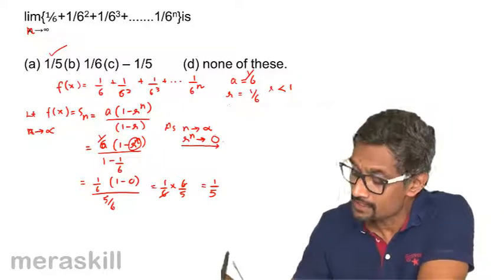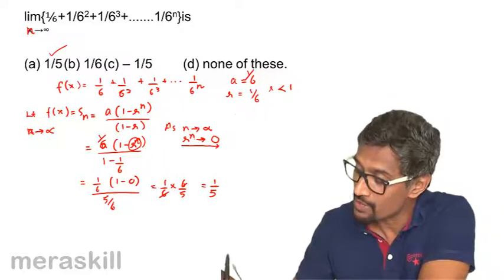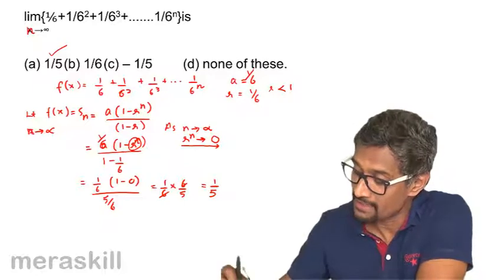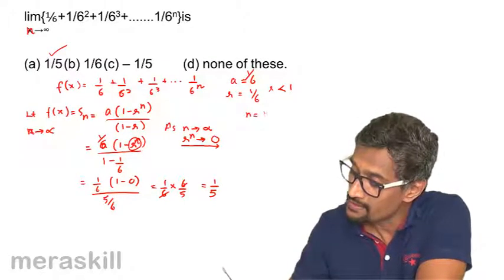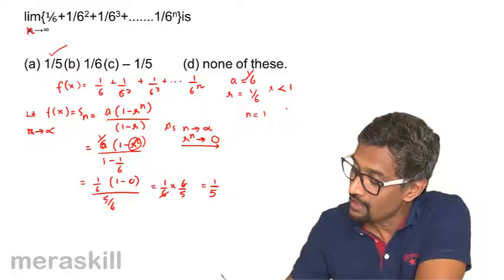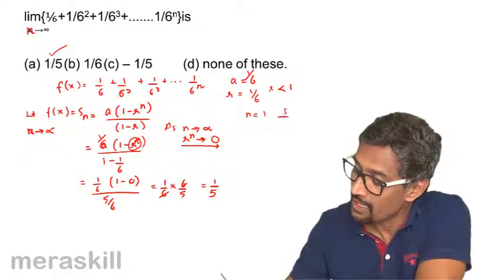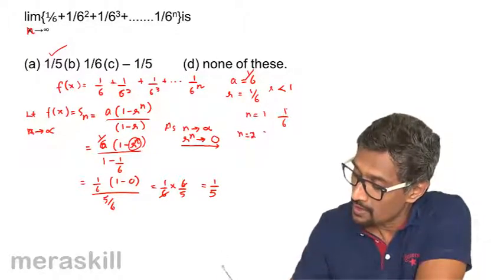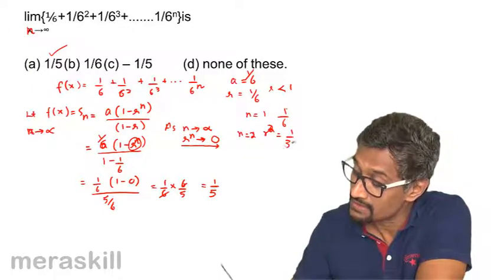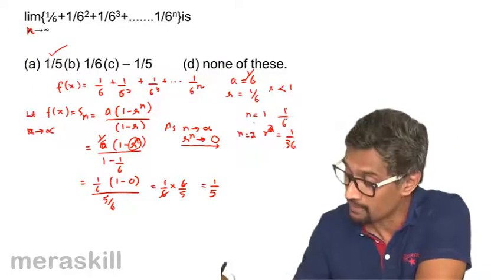Okay, let's understand. I'll explain this once more. Suppose n is 1, then r raised to n would be 1 by 6. If n is equal to 2, r raised to 2 turns out to be 1 by 36, which is very small compared to 1 by 6.